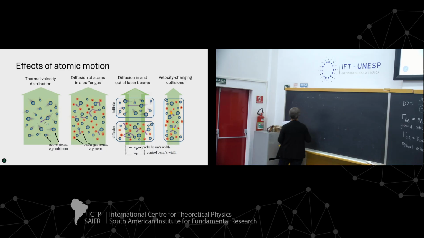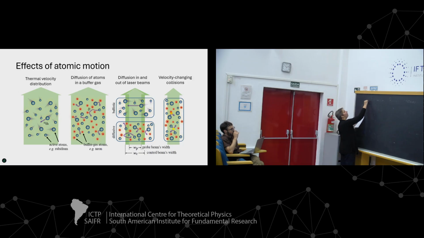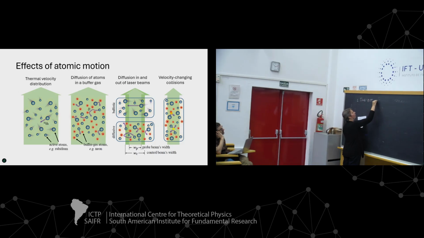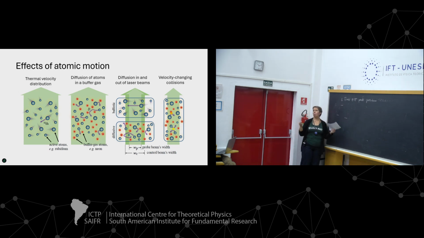OK, so one thing is kind of obvious. We can track the EIT peak position. So as we discussed before, if you have a three-level system, let's say you apply a magnetic field, that's more optimal for magnetic field.